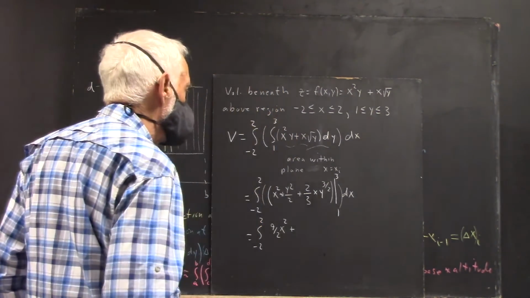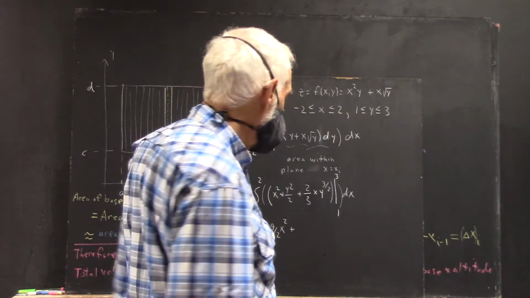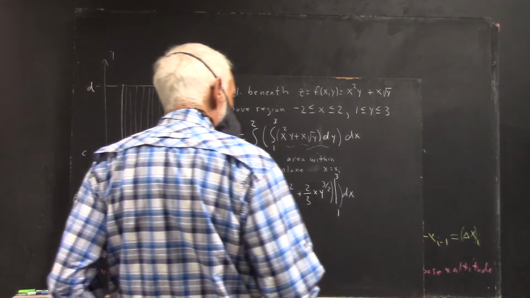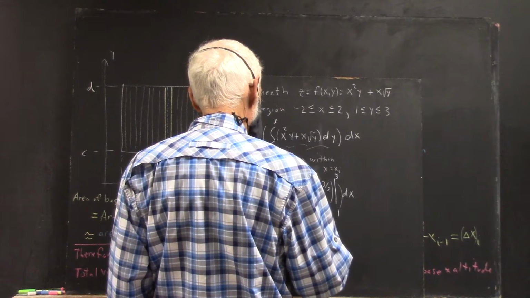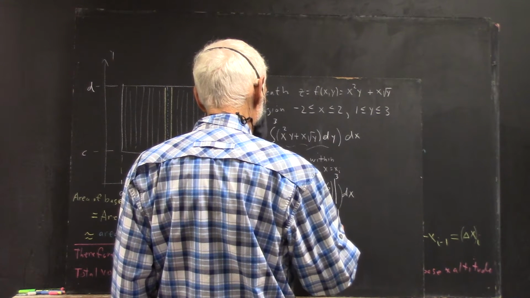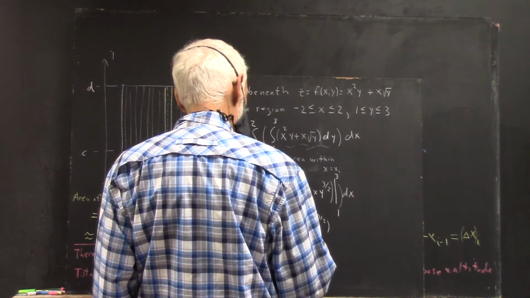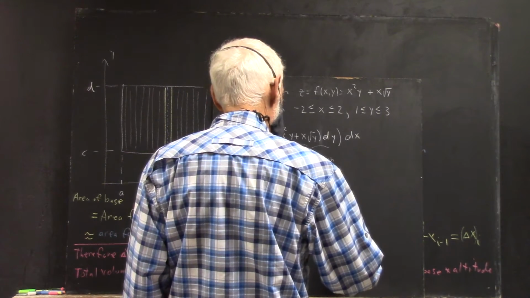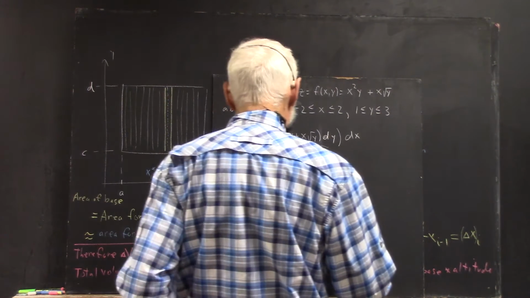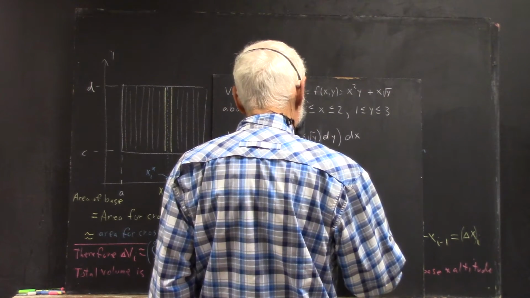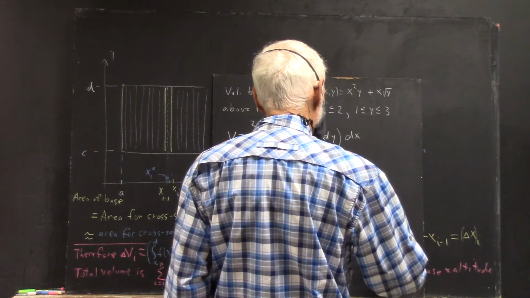And then 2/3 x times y to the 3/2. 3 to the 3/2, well, that's 3 times the square root of 3, but I'll just write out 3 to the 3/2. Then we subtract what we get when we substitute 1, which is going to be 1/2 x squared plus 2/3 x.